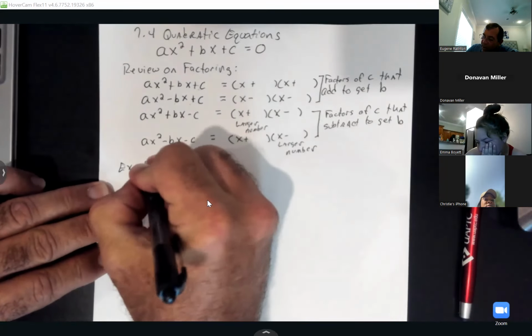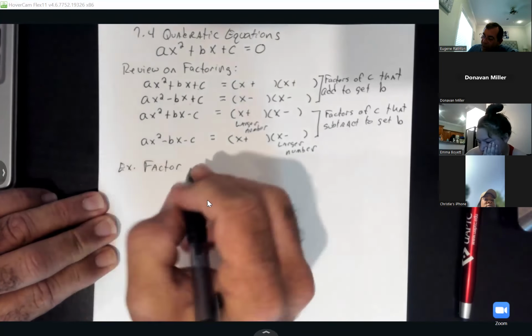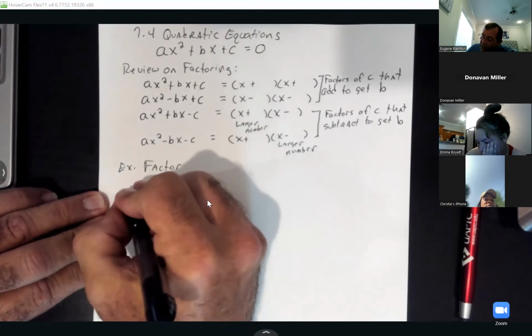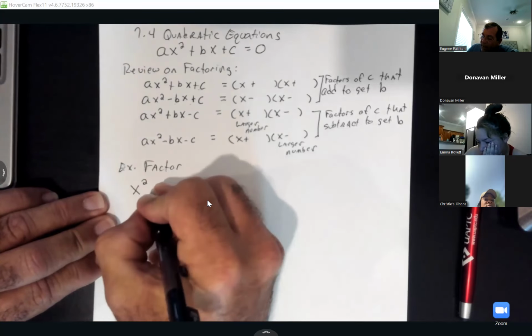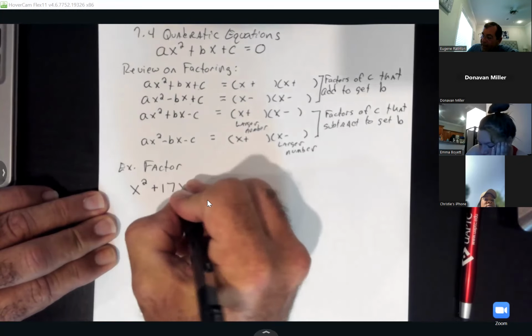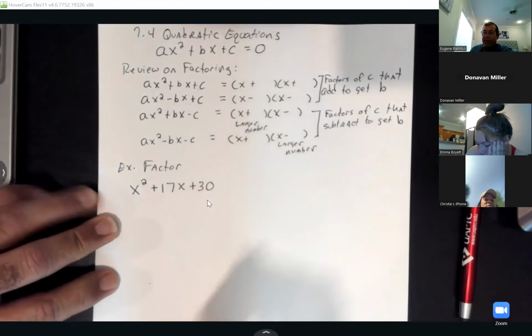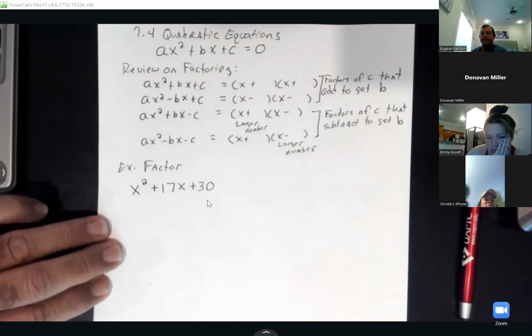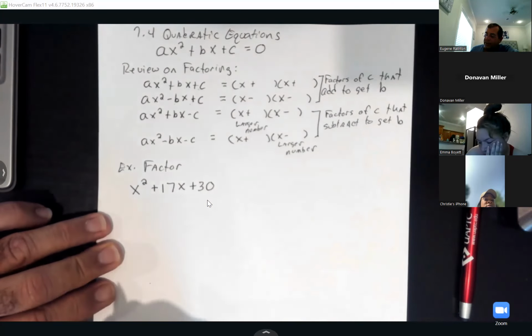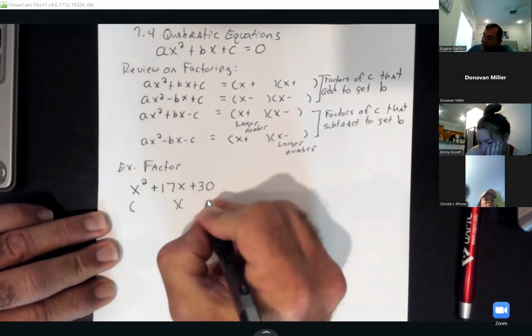So what we're going to do, we're going to factor. So y'all, the first one I'm going to factor, how about an x squared plus 17x plus 30. So these are going to factor into two sets of parentheses.